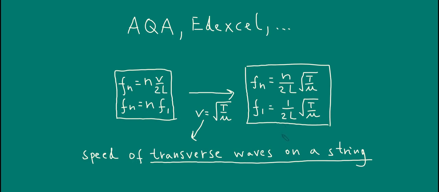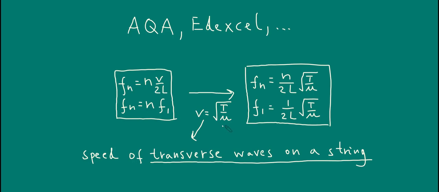If we were talking about stationary waves in another setting, and there are many settings, such as microwaves, a type of electromagnetic wave, or even sound waves, this replacement would not make sense, because for those waves the wave speed is not given by this formula.